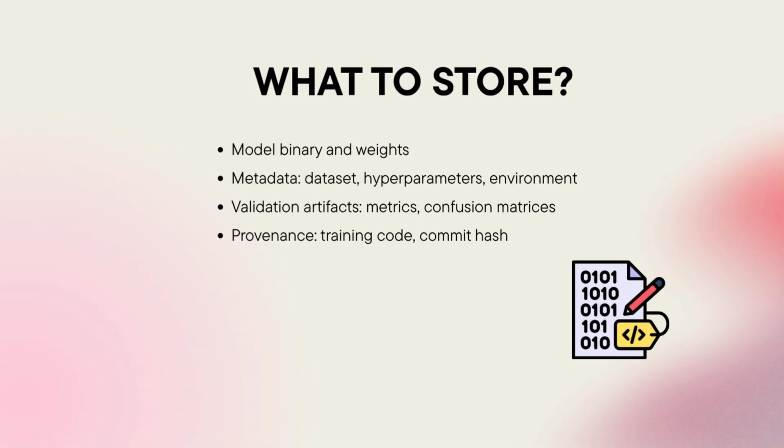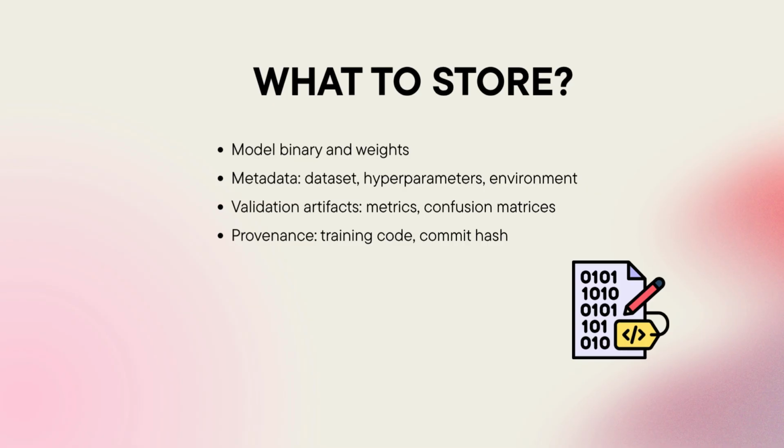Storing the model binary, the actual file containing weights, is essential, but it's only the beginning. Metadata provides critical context: which dataset was used, what pre-processing steps were applied, and which hyperparameters guided training. Validation artifacts like ROC curves or confusion matrices serve as evidence that the model meets defined quality thresholds.